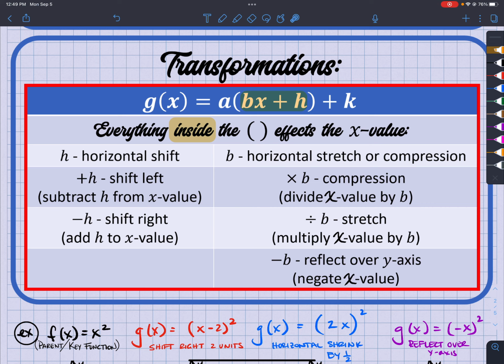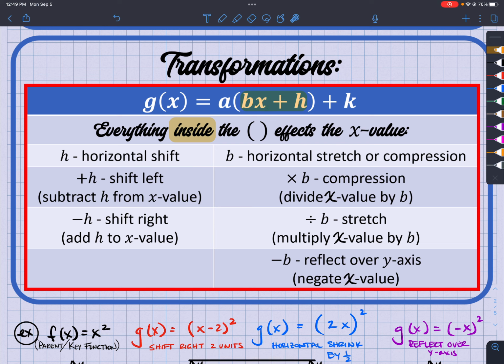So it's no longer PEMDAS, it's SADMAP. I've got to add and subtract before I multiply and divide, before I can do my exponents, and before I can do my parentheses when I am in here. That's the reason why I have the horizontal shift first, because I have to add or subtract before I can multiply or divide.